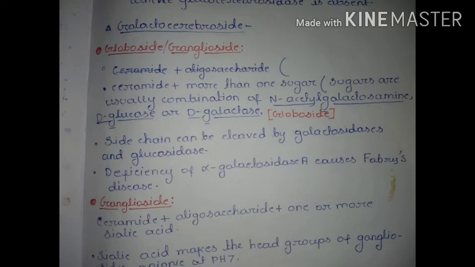Gangliosides are concentrated on the cell surfaces with the 2 hydrocarbon chains of the ceramide. Ceramide contains 2 hydrocarbon chains. So the 2 hydrocarbon chains are present inside, and the oligosaccharide residue is located on the extracellular surface.